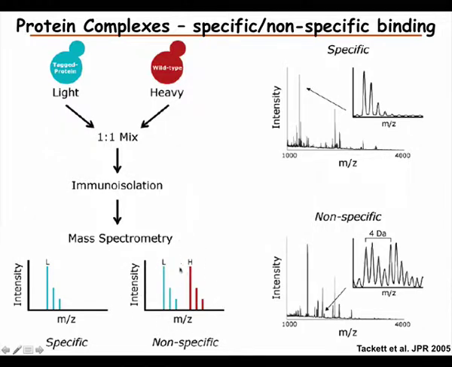So this is quite a conservative method. The ones that show up as specific are specific, but you will have false negatives, because several of the specific interactors will show up as non-specific if they're fast exchangers.